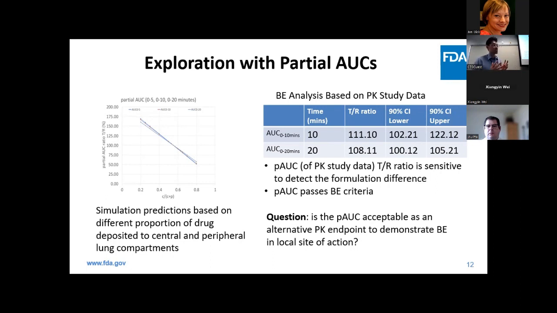We said partial AUC is one of the pieces of information we can use. If we can use it, then looking at the PK analysis, the 10 minutes and 20 minutes are really equivalent. So the question now is, we already know that the C2P ratio is sensitive, so can we use the partial AUC as an alternative method for the TBE?